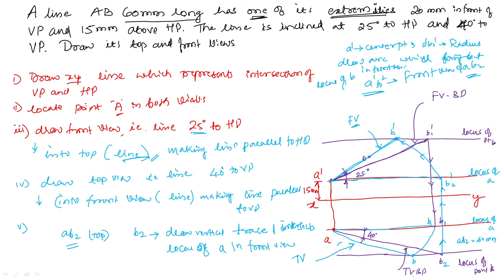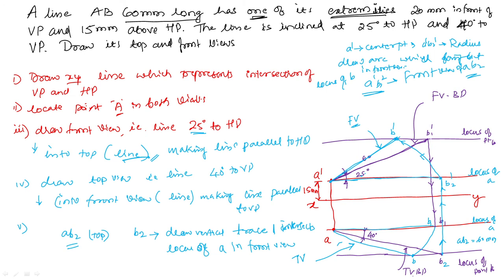Clear? Similarly, A dash B1 dash is the front view of the line which is inclined at 25 degrees to the horizontal plane.